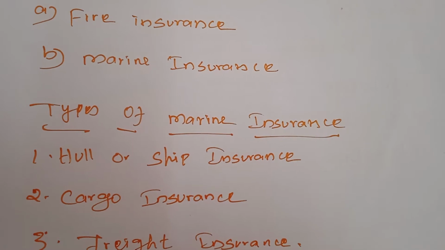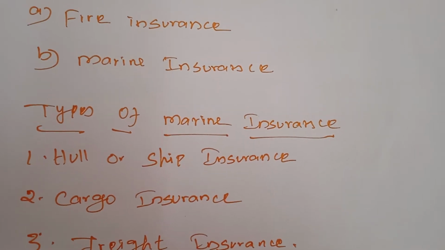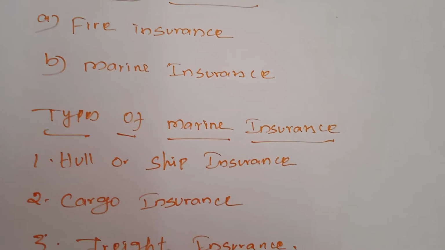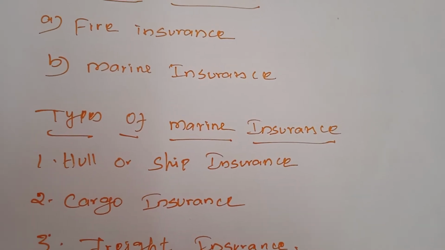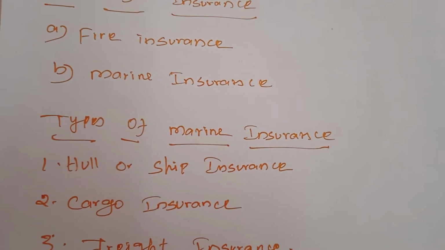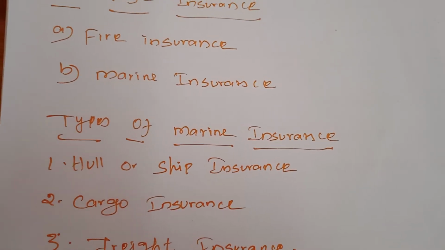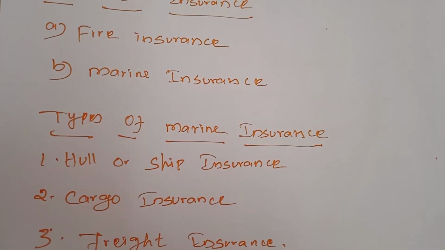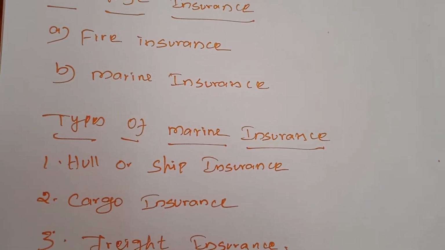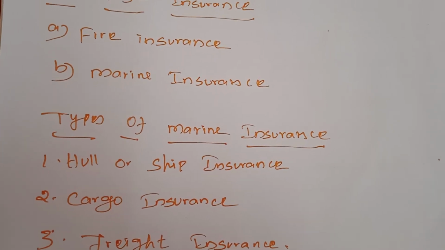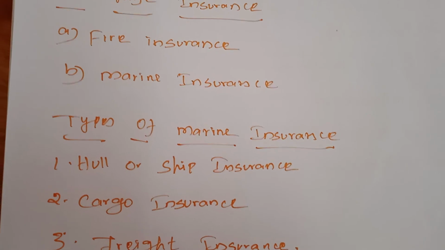This policy is taken to indemnify the insured for losses caused by damage to the ship only. If, for any reason, the ship is involved in an accident or damaged, the insurance company will compensate for the damage to the ship.